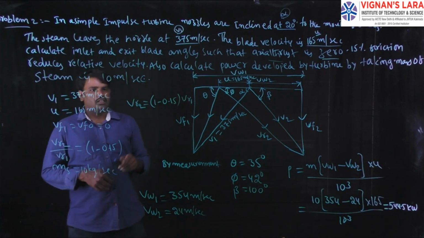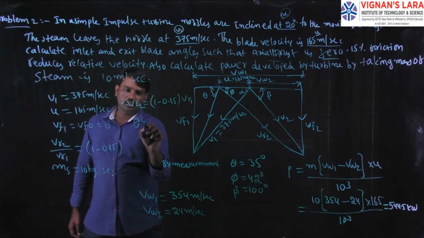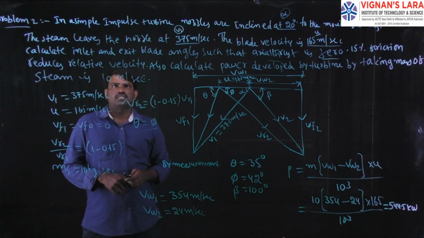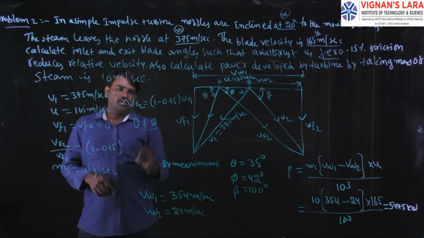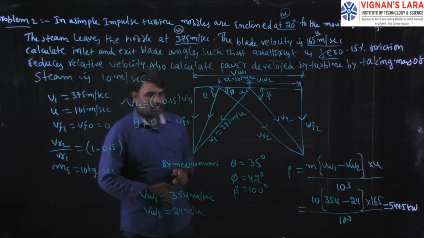This velocity VR2 we also have to calculate, and the inlet and exit blade angles theta and phi we have to measure. These two angles are not equal; it is not mentioned that they are equal.